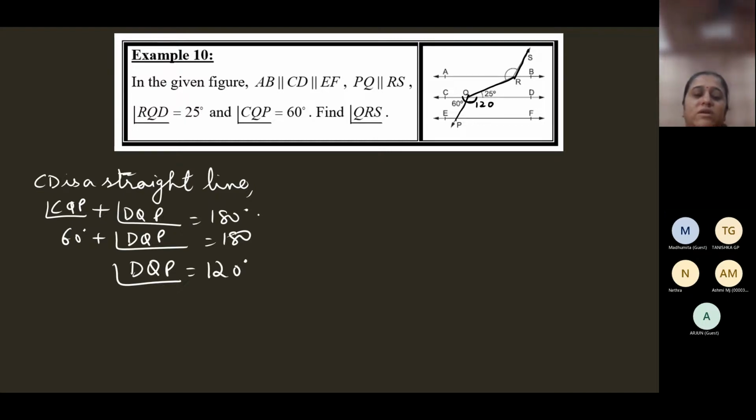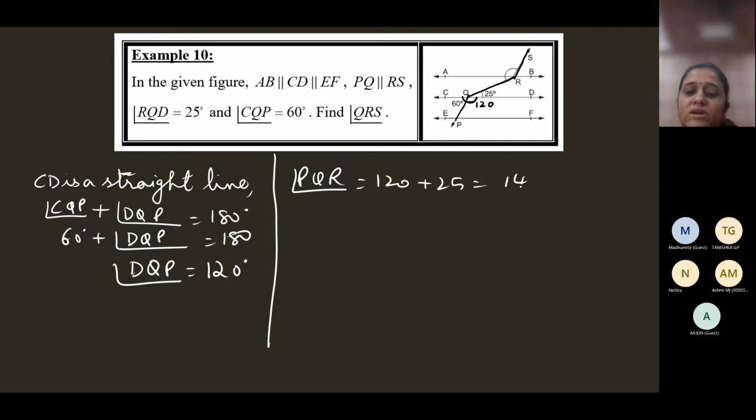So one part we found. Next, what are we supposed to do? Angle PQR. Be careful. Angle PQR is equal to 120 plus 25, 145 degrees. Now PQ is parallel to RS and QR is a transversal.